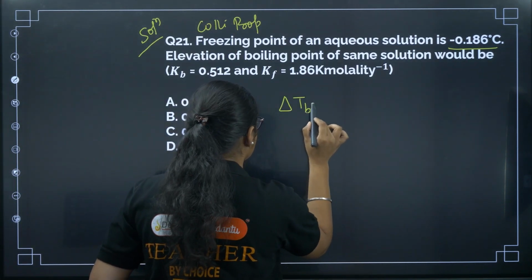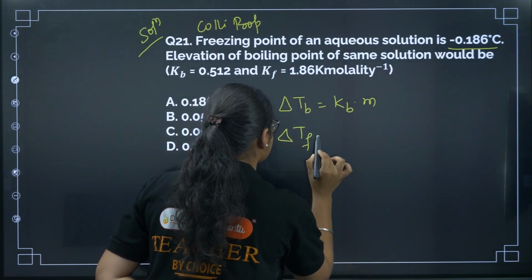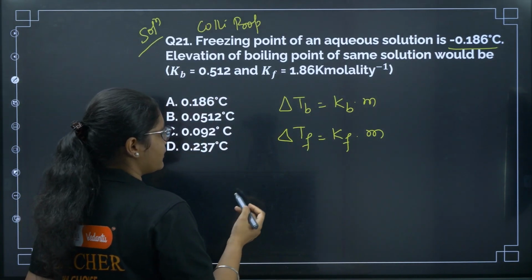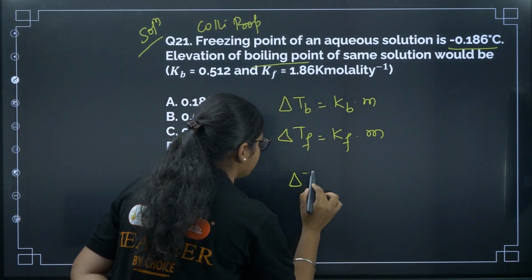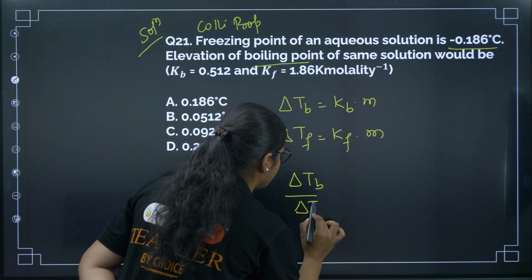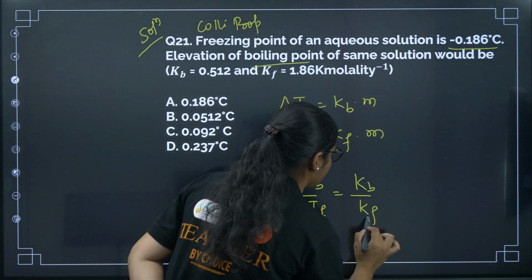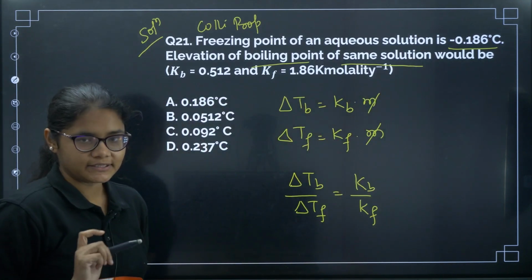Delta TB is equal to KB into m, and delta TF is equal to KF into m. We need to calculate the boiling point, right? So let us take the ratio of both of them. Delta TB by delta TF is equal to KB by KF, right? m will get cancelled because it is the same solution, so concentration is same.